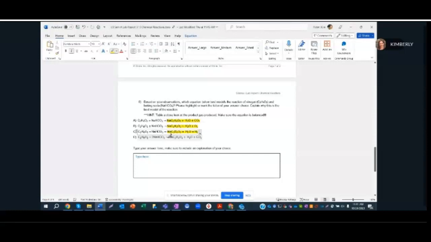Okay, so out of those, which 2? Can you put 2 letter choices in chat? Which have hydrogen and carbon dioxide as a product? So where I have highlighted yellow, those are the products.